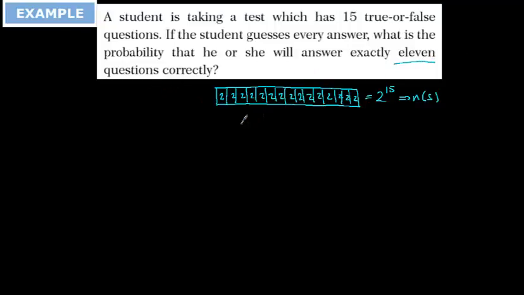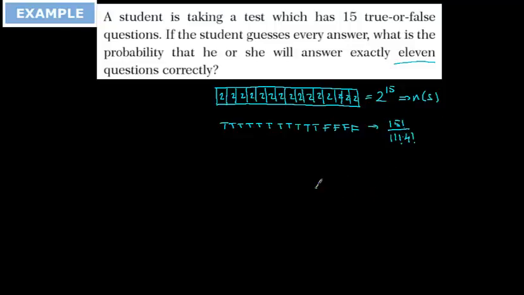11 true answers. So like in the previous question, if I write 11 true, and the others, of course the 4 of them, are going to be false. How many different ways can we get 11 true and 4 false? This is a 15-letter word, so it is going to be 15 factorial over 11 factorial times 4 factorial.